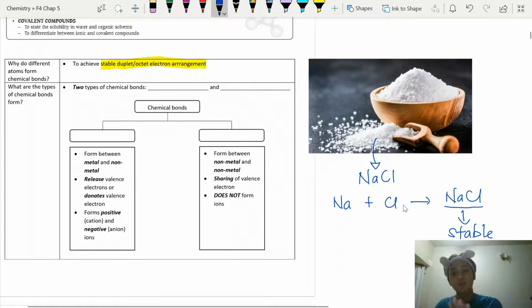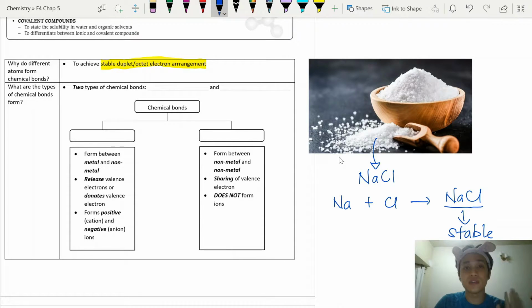When you form chemical bonds, we need to take into consideration the duplet and octet stability. If you are stable, it means both have already achieved octet stability. Both sodium ions and chloride ions have already achieved octet stability.